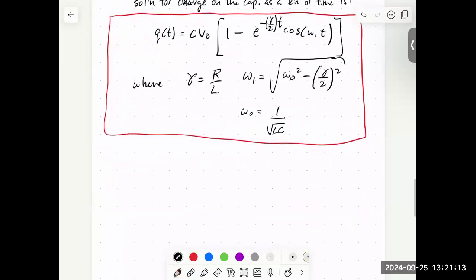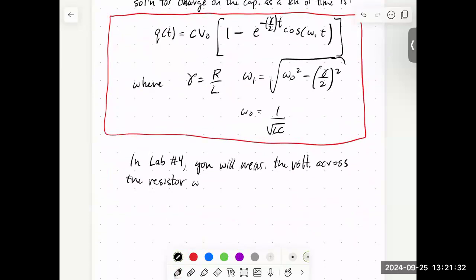So in lab number 4, you will measure the voltage across the resistor, which is VR equals I times R.